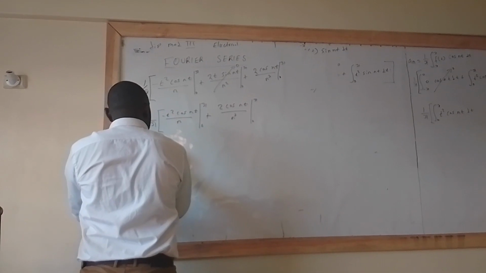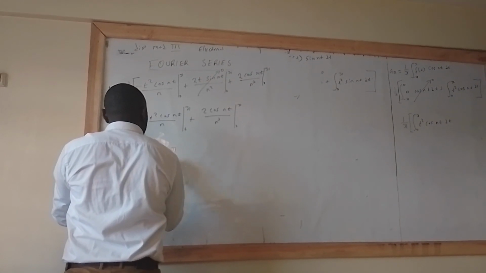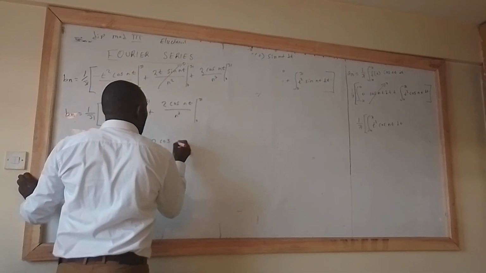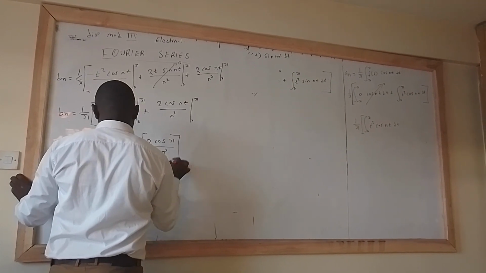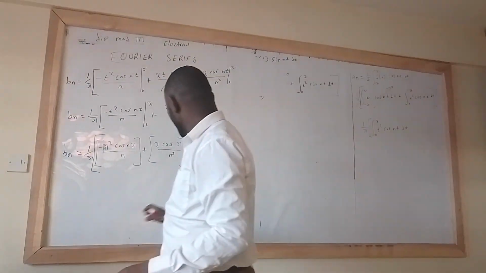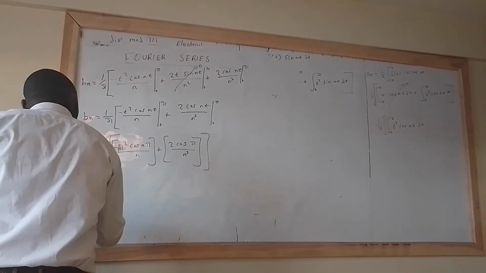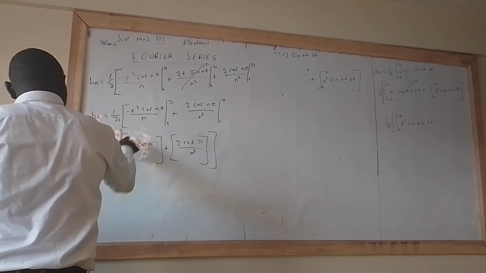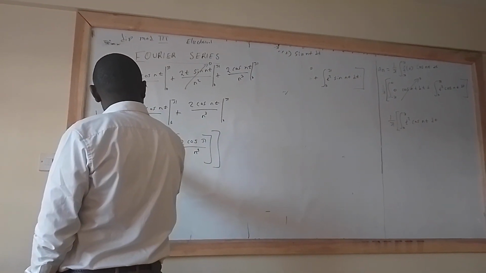Whenever we have t, I have negative pi squared cos of n pi divided by n plus 2 cos of n pi divided by n power 3. We can remove the brackets and take out the constant outside. So for instance, this one and this one will go, and I have negative pi.